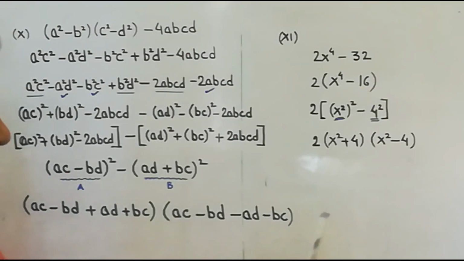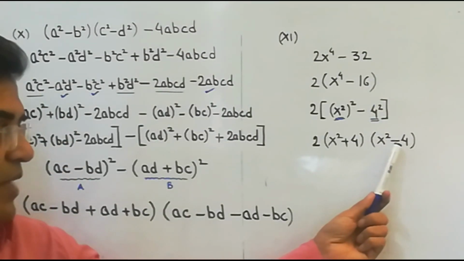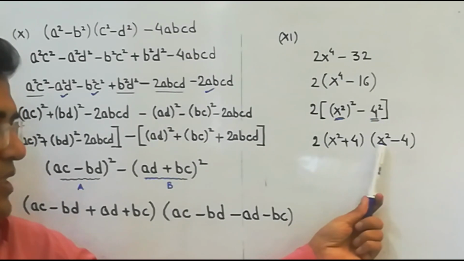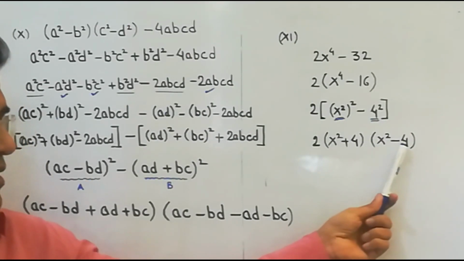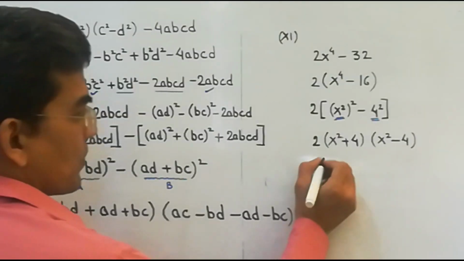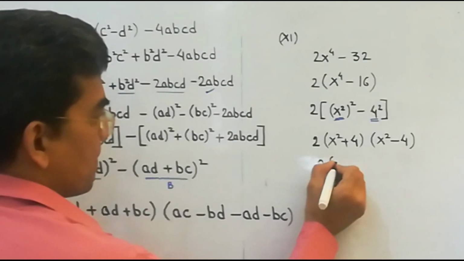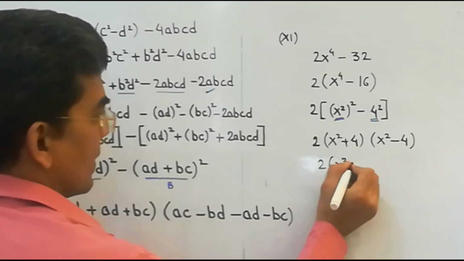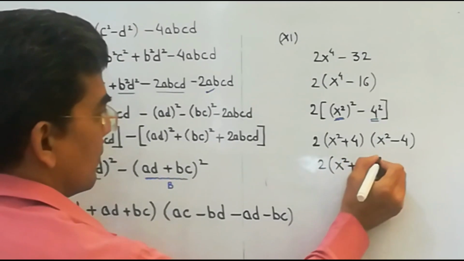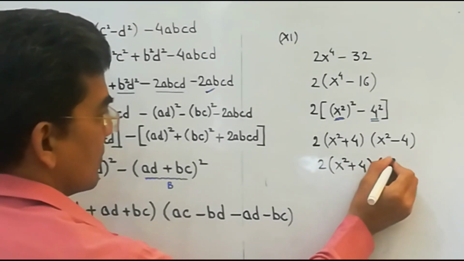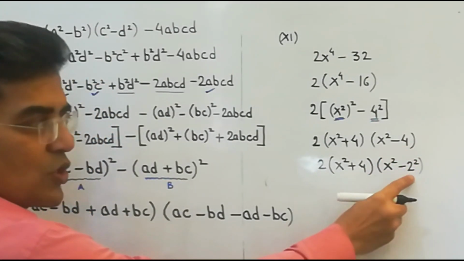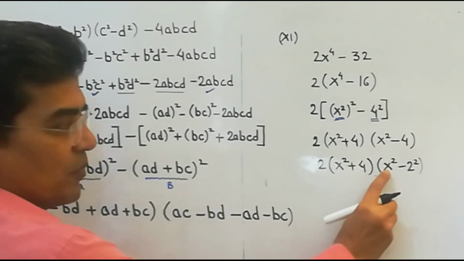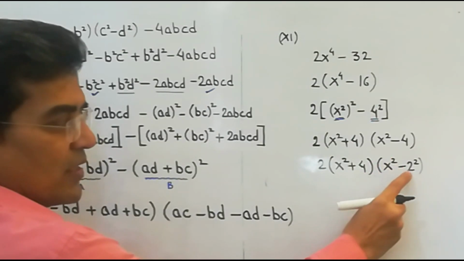Now this bracket with minus sign in between the two terms can be further converted in square. This is x square, this can be written as 2 square. So as we convert it into square form, again we are getting the formula a square minus b square.